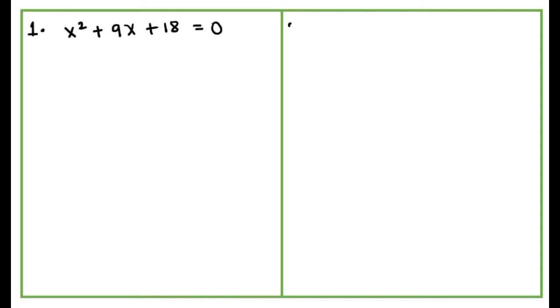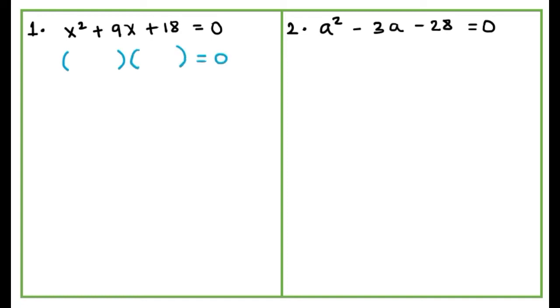In number 2, we have a squared minus 3a minus 28 equals 0. Like you have seen previously, our main role at this step is to have this quadratic equation in factored form.